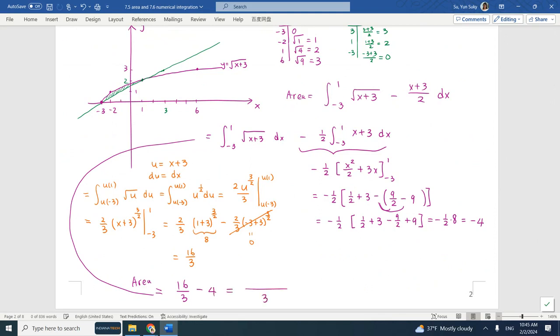Okay, common denominator is 3. 4 is what over 3? 12. 16 minus 12 is 4. So the answer is 4 over 3. Okay, everybody?